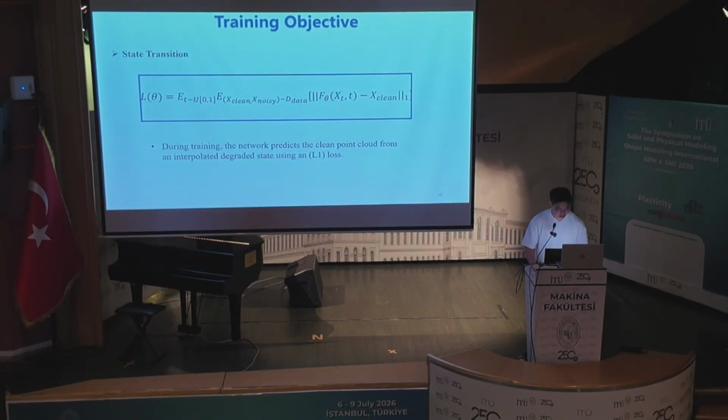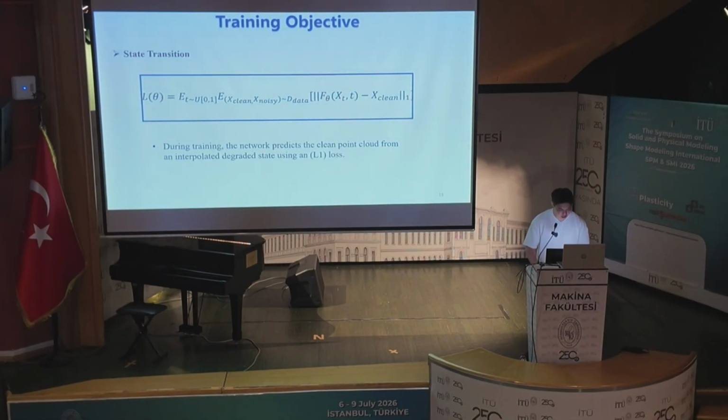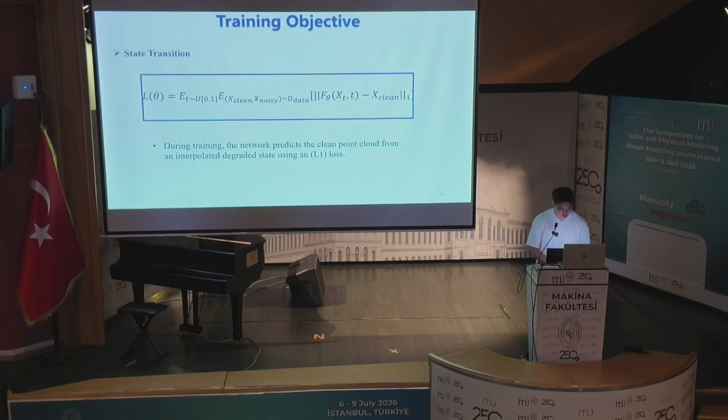The loss is an L1 loss between the prediction and the clean point cloud. This objective encourages the network to learn restoration at every degradation level, which is essential for stable iterative inference.